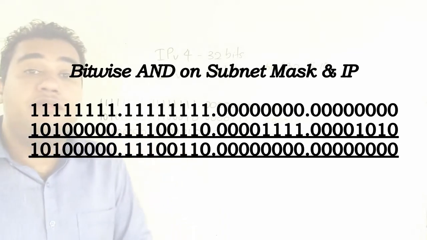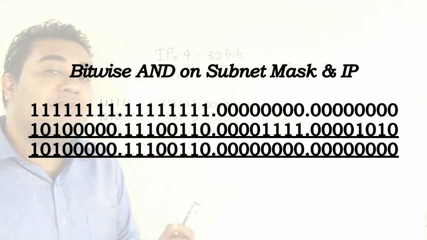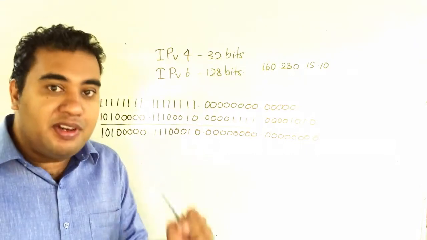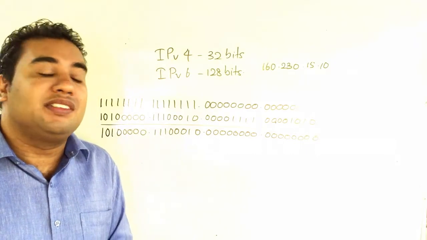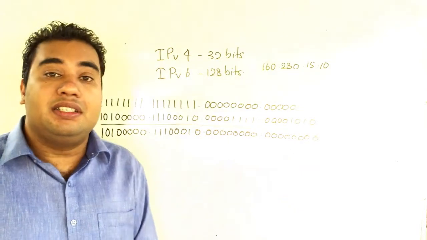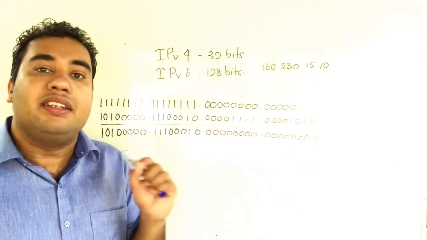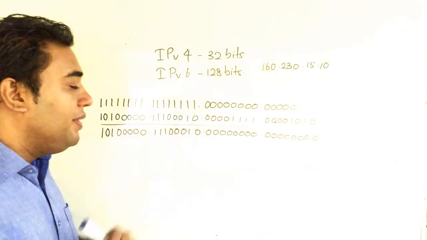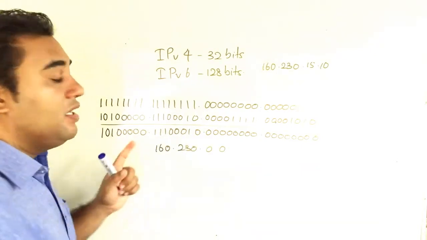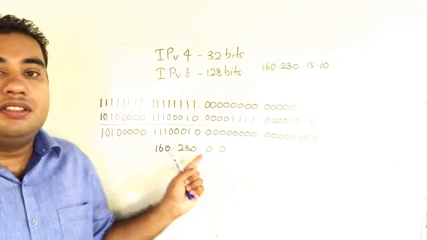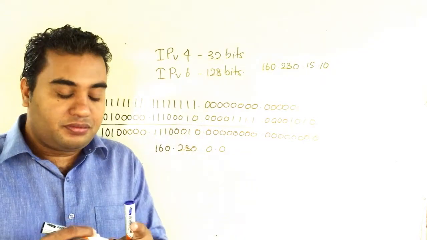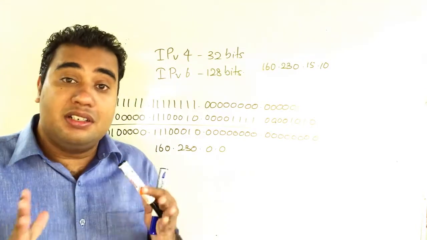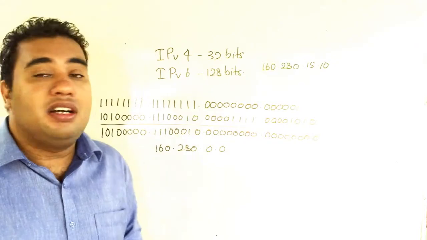So this is how we do the bitwise AND operation, and this is how we obtain the network portion of an IP address. When we convert this into decimal, that is the network address of this IP address. So what will be the network address? 160.230.0.0. So that is the network portion or the network address of this IP address.